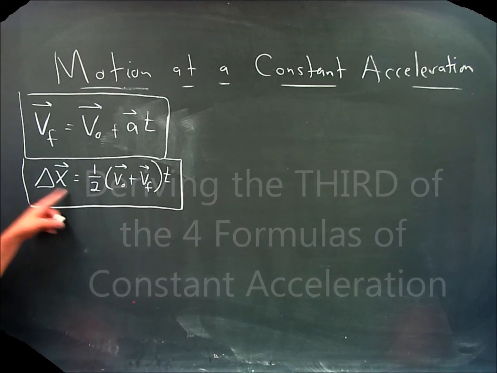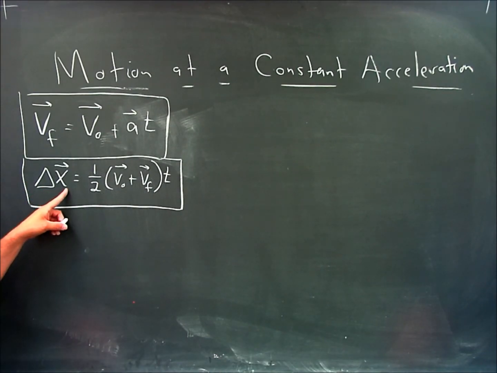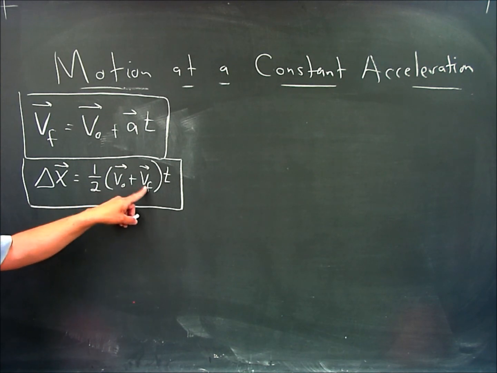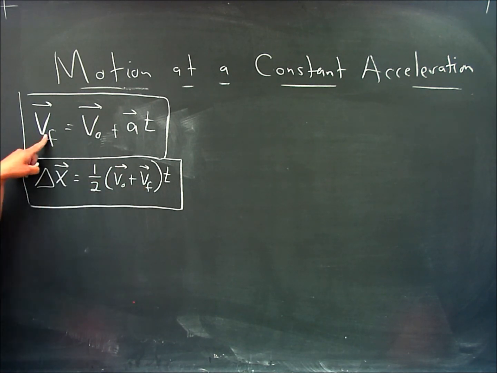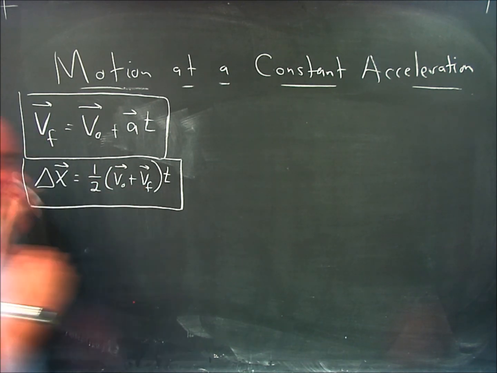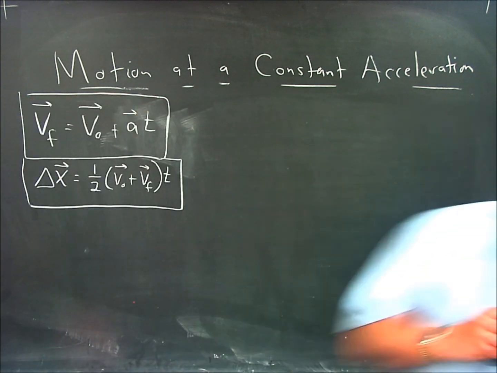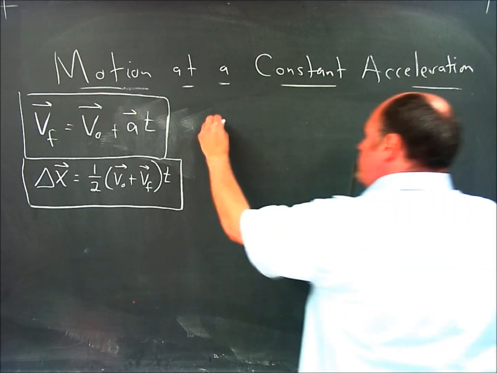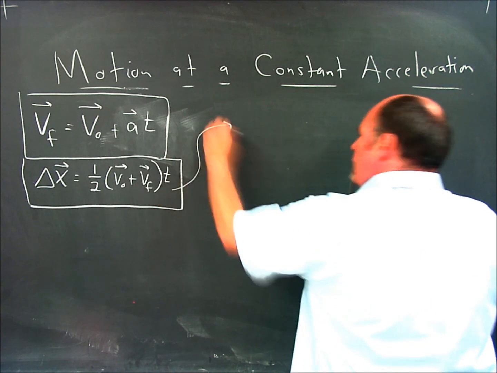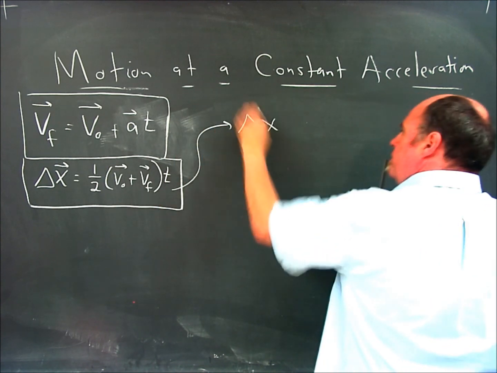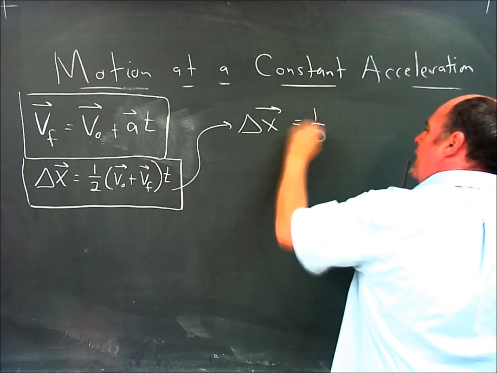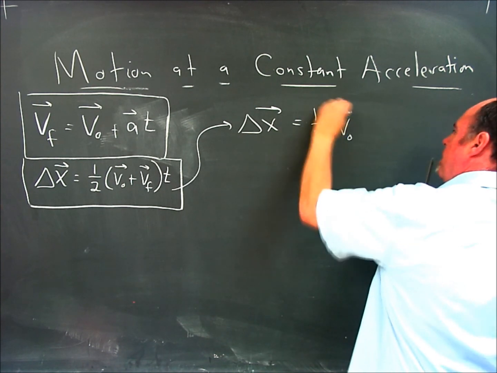If I take this equation right here and I substitute in where it says v final, if I substitute this piece from the first equation, I'll get a new equation. So let me show you what I mean. If I take this second equation, I'll have this. So delta x equals 1/2 v initial plus.